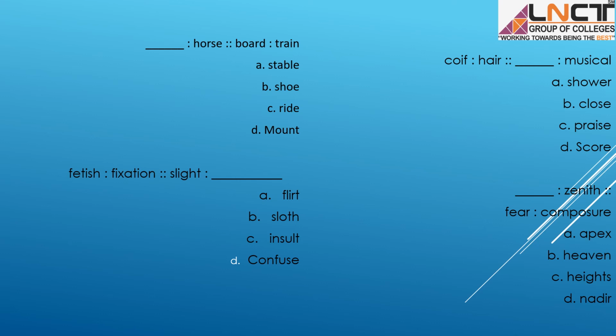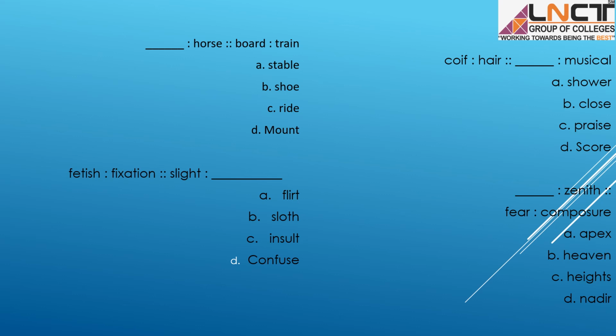So if you direct some slight towards any person, it means that you are throwing an insult in their direction, and that's why the right option over here is C, insult.